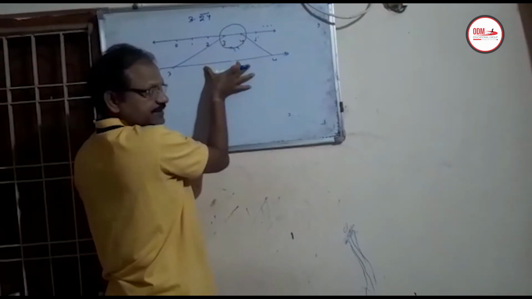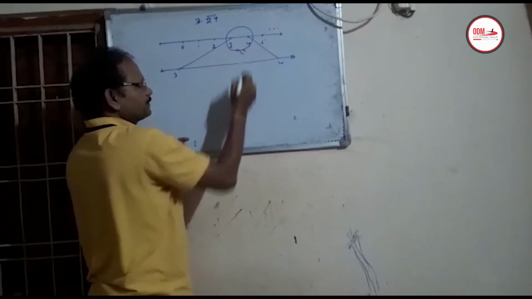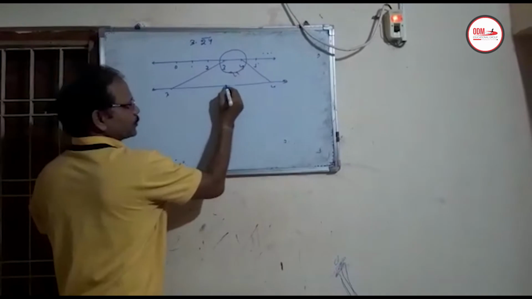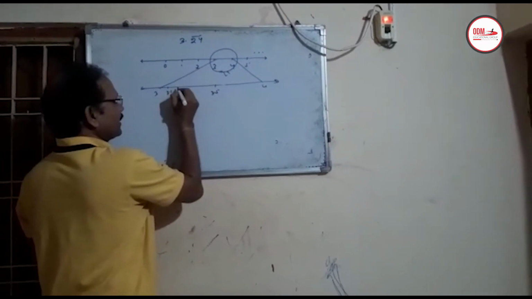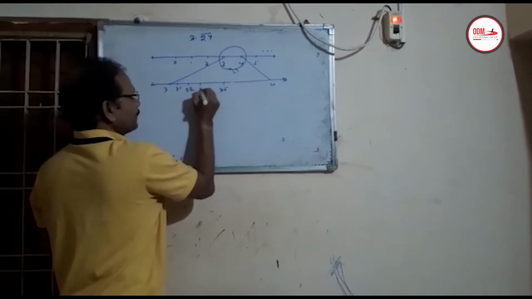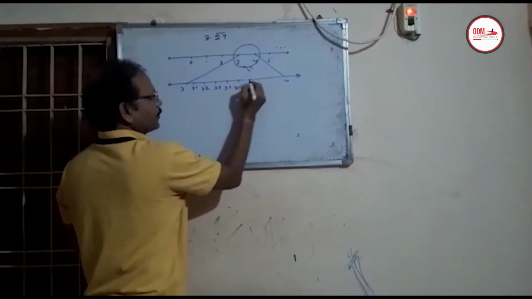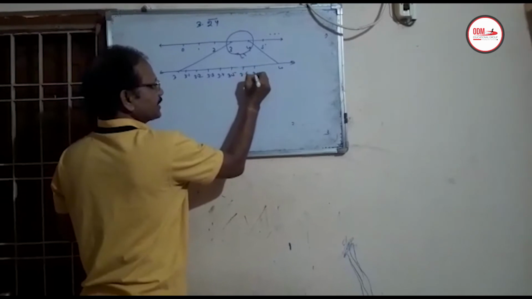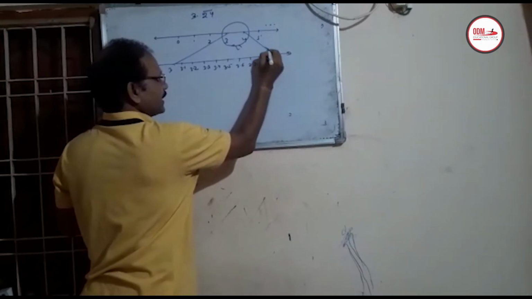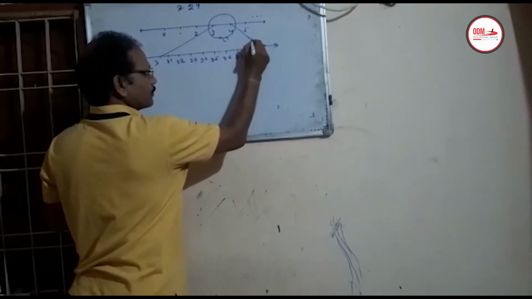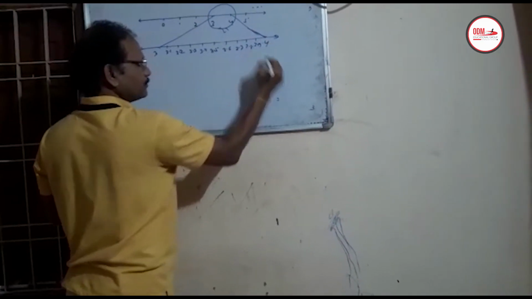This length is increased with the help of the lens. Now it will be divided into 10 equal parts. The middle point is 3.5. This is 3.1, 3.2, 3.3, 3.4, 3.6, 3.7, 3.8, 3.9. Then it is 4.